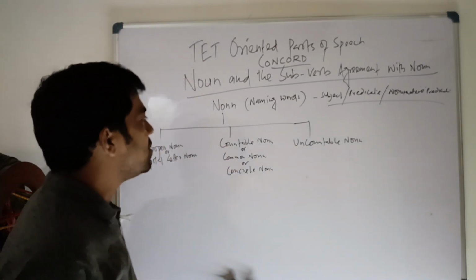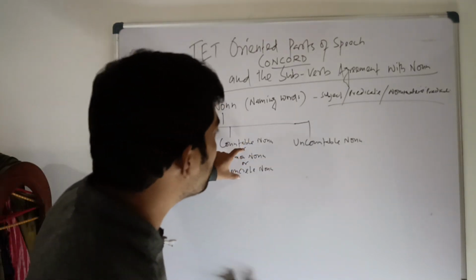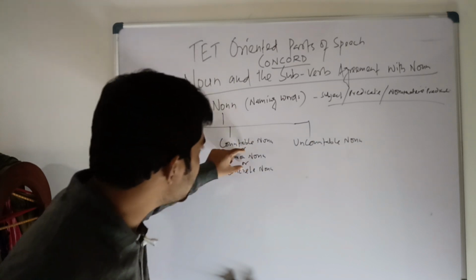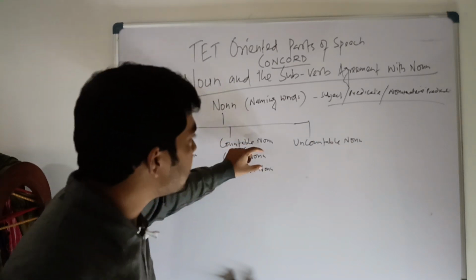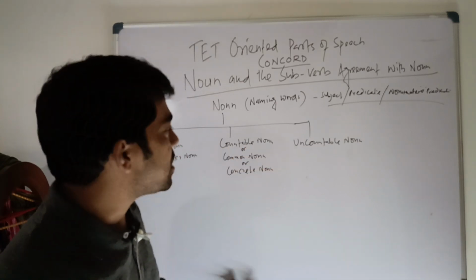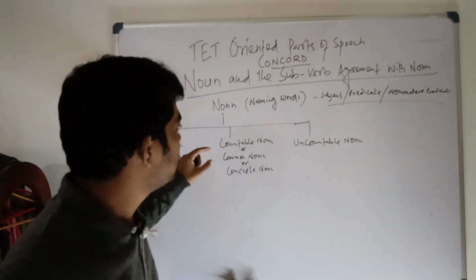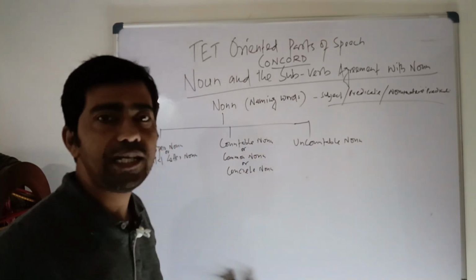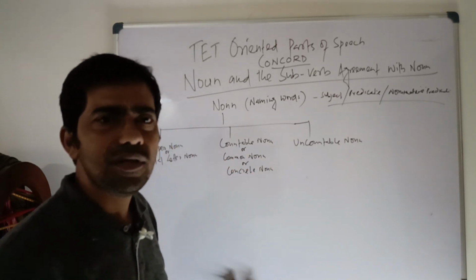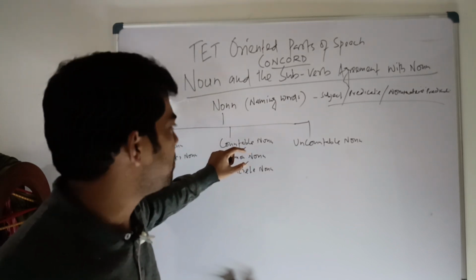Countable nouns are actually common nouns and the most important in perspective to competitive exams, because from these nouns opens a vista of numbers, tense, persons, gender. So common noun is the most important noun in respect to competitive exams.